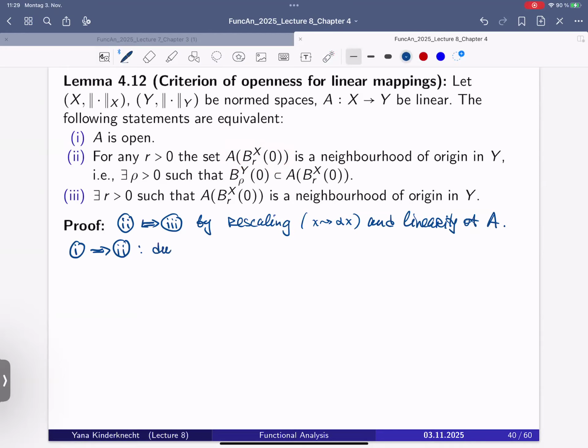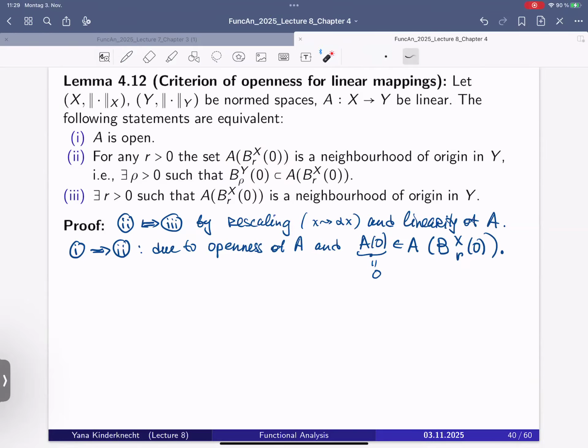So everything is true due to openness of A and the fact that A of 0 is 0, since A is linear. And this is, of course, an element of A of the open ball of radius R. Okay, so since A is open and this ball is an open set, then A of an open set is again an open set which contains 0. So everything is done.